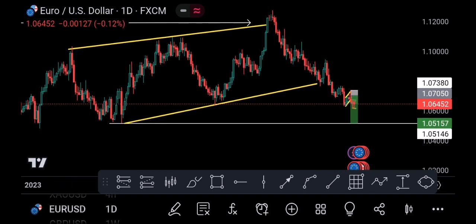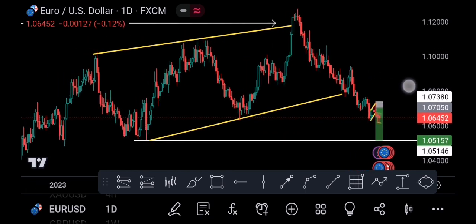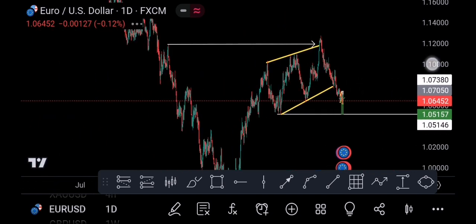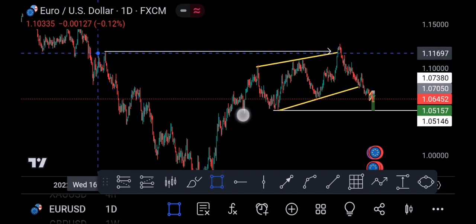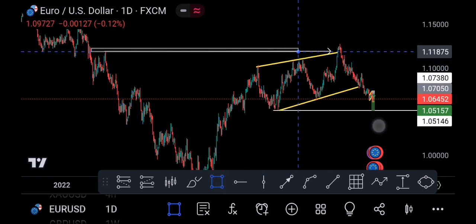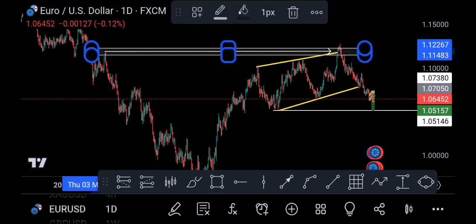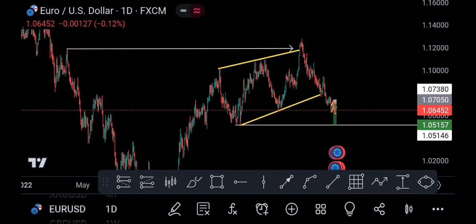As I've said, I started analyzing on the weekly, now on the daily time frame, and you can see that on the daily time frame we had an important area. This was an area of value, meaning this is where people were caught on the wrong side of the structure.